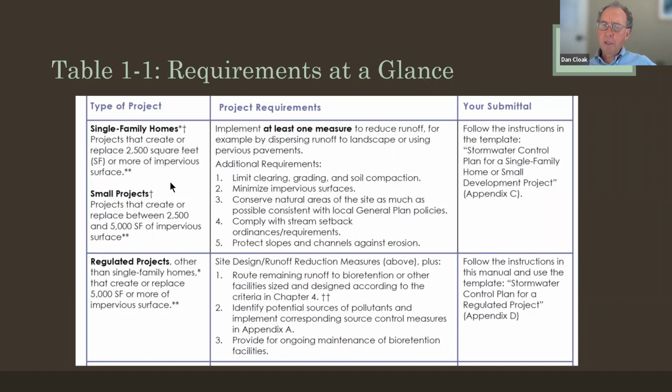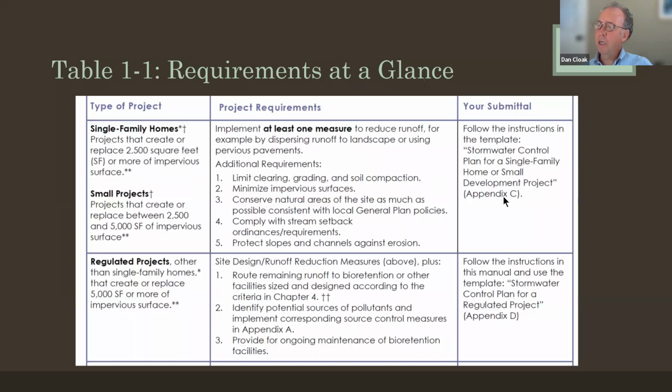So going over this, the requirements is if you're building one single family home that is not part of a larger plan of development, so not two homes built separately, even at different times if it's part of one project approval, but just one home. The requirement is that if it creates or replaces 2,500 square feet or more of impervious surface, it becomes this small project.